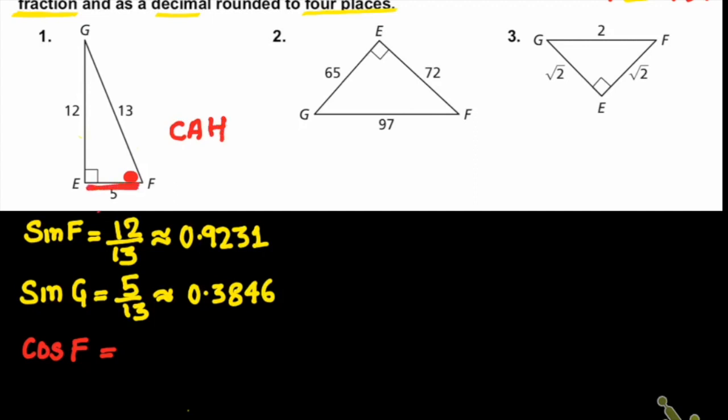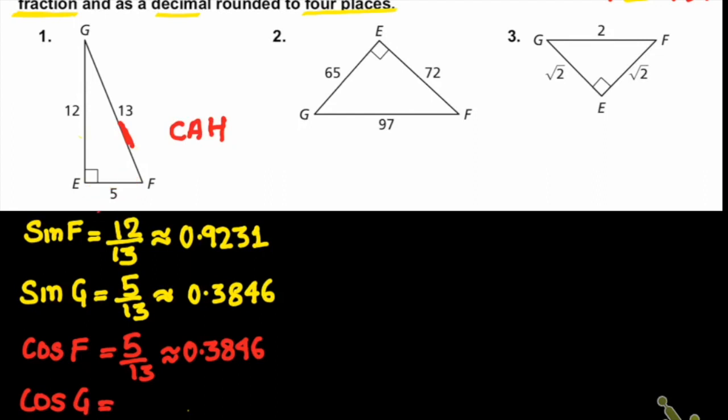So this is the adjacent and this is the hypotenuse. That's 5 over 13, and we don't have to calculate it again because it's the same value we got on top, 0.3846.